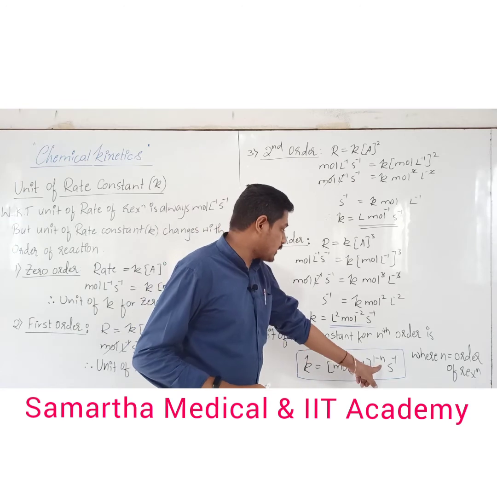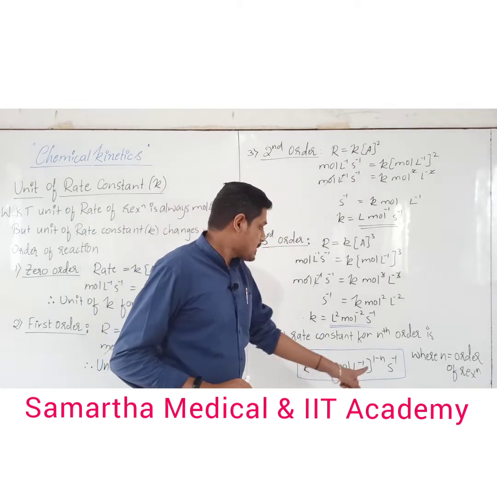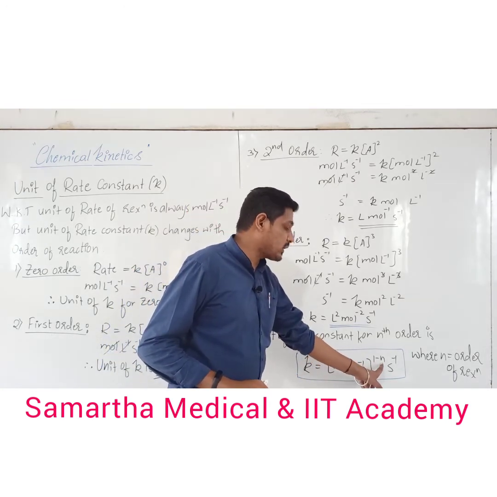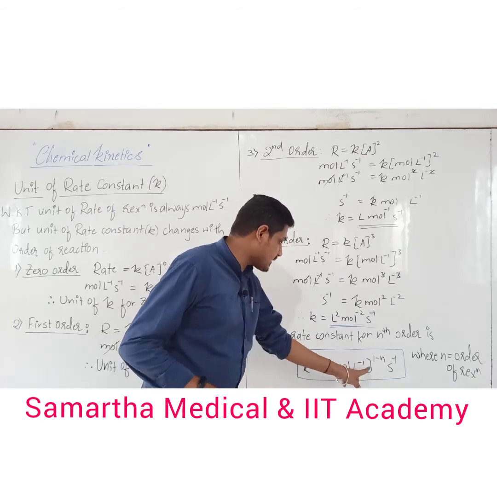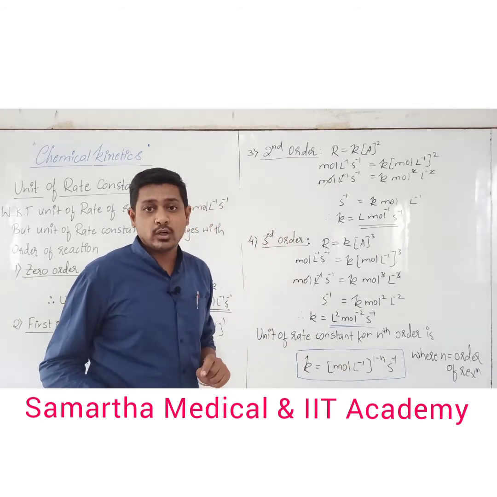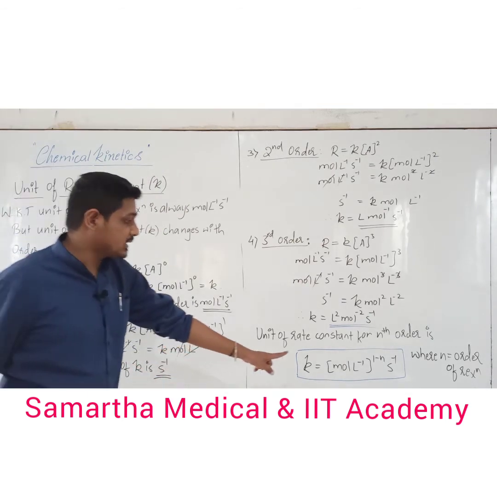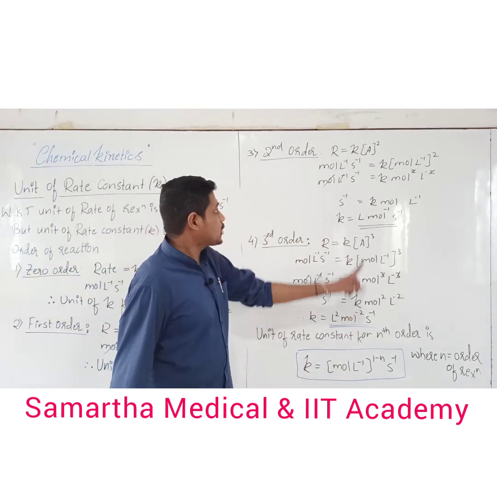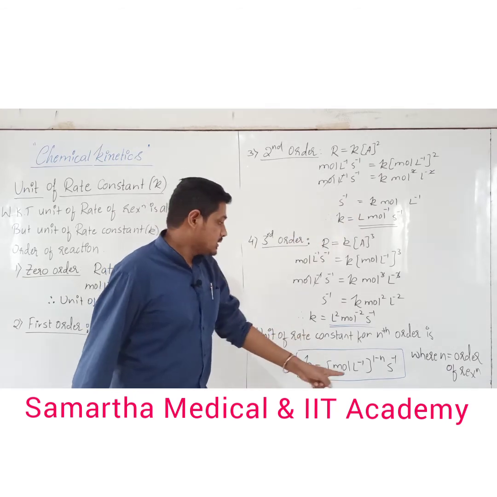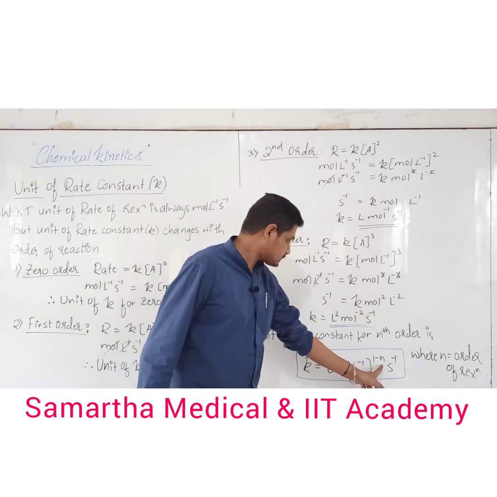See, if the order of the reaction is first order, then n is equal to 1. 1 minus 1 is 0. Then this unit becomes 0. Then what is the unit of rate constant for the first order reaction? We have calculated here, it is per second. Then here also it will come as per second. Now here for second order, you put n equal to 2.